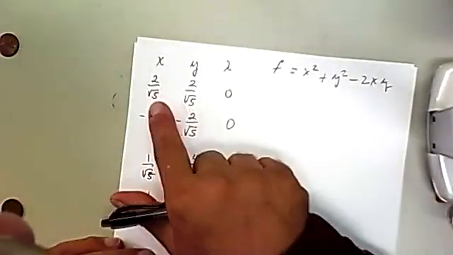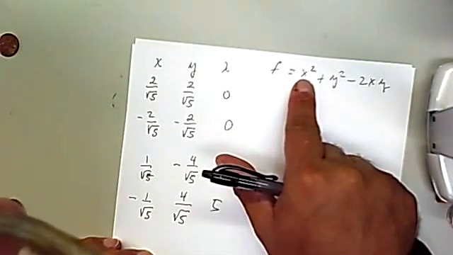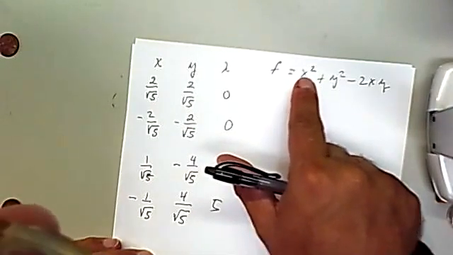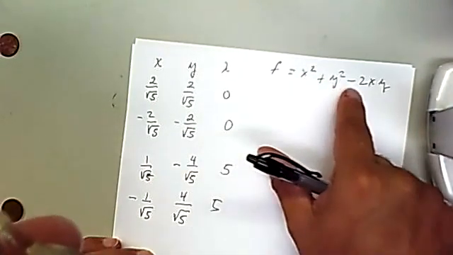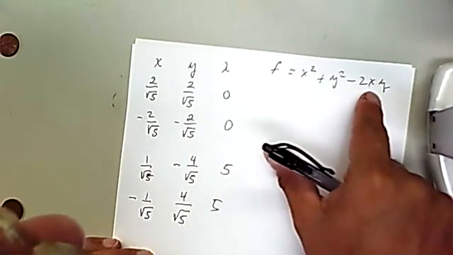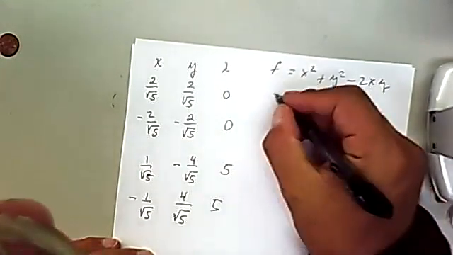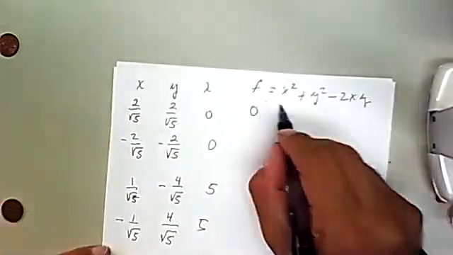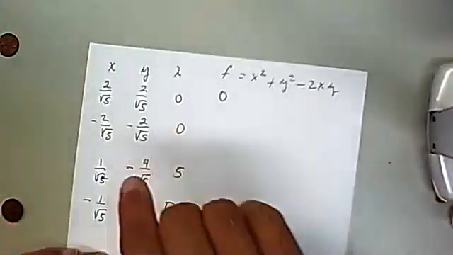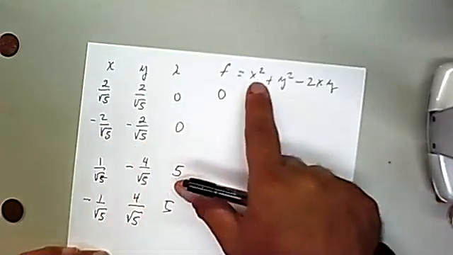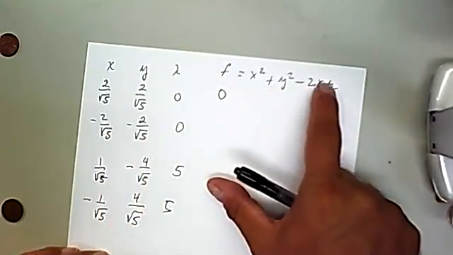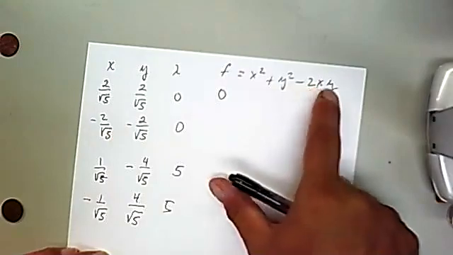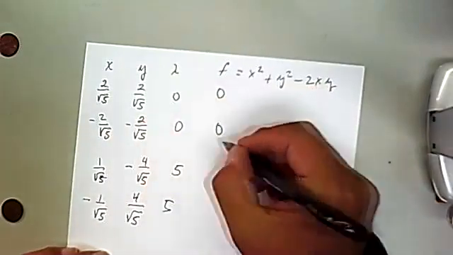Well, if they're the same, squaring is going to give us 4 over 5 plus 4 over 5 minus twice 4 over 5. So the output of the function is going to be 0. You can actually plug them in and realize we get 0. This is going to be the same because we're squaring. The two negatives cancel each other out when we multiply x with y. So we end up with 0.